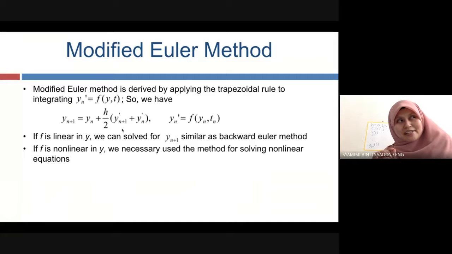So it is slightly longer to calculate, because we have to calculate two derivatives, y_{n+1} prime and yn prime, and then we divide by two, because we have two differential equations.